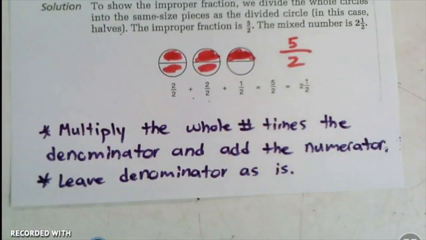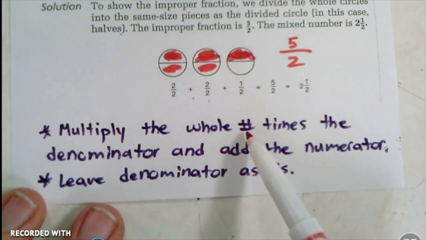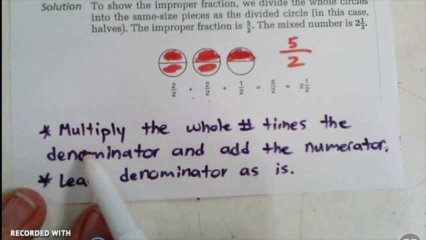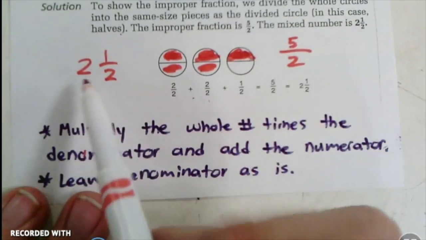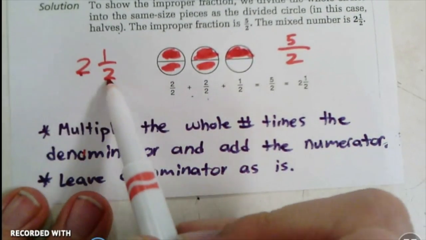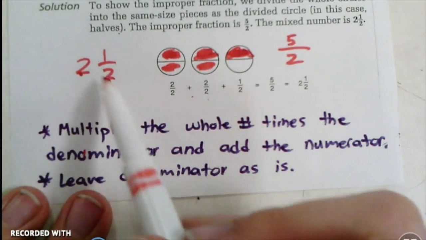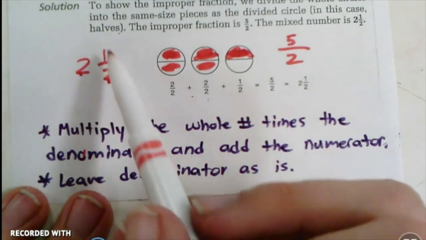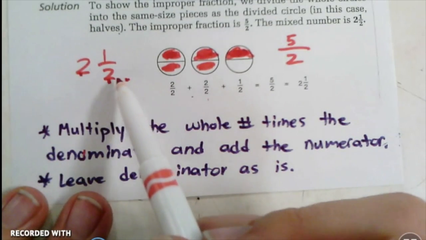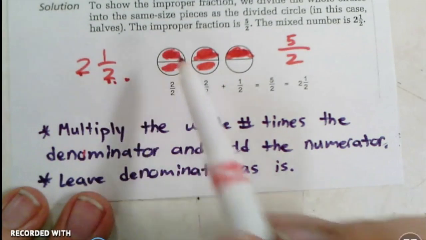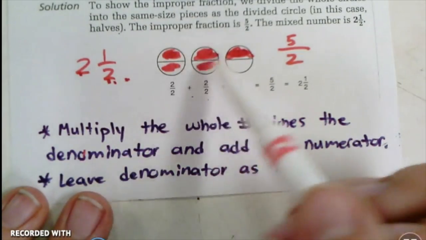To summarize, basically what we're doing here, so you don't always have to draw pictures, is we're multiplying the whole number times the denominator. So here we started with 2 1/2, right? I did 2 times 2 because we have 2 over 2. So by doing 2 times 2, we get 4, which is all the halves. 1, 2, 3, 4, right?